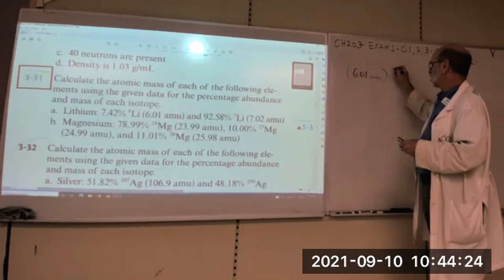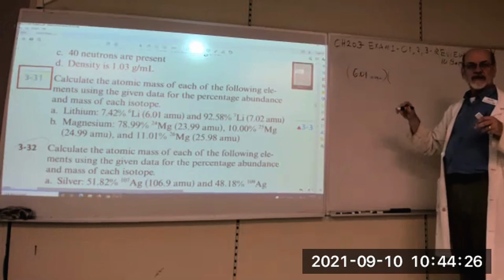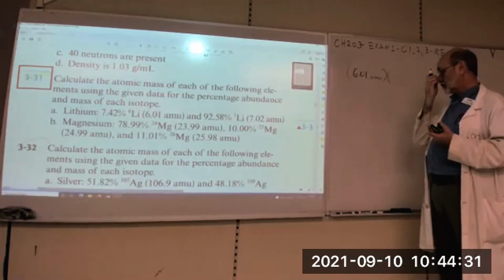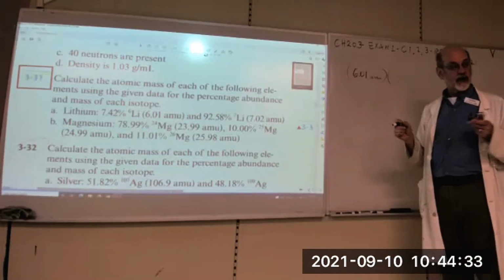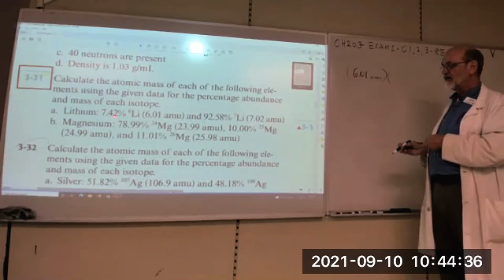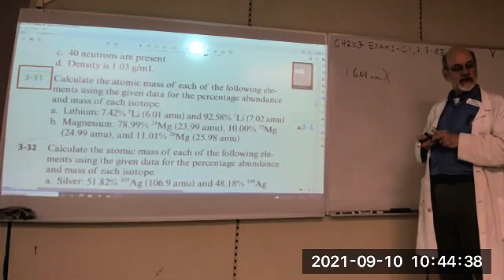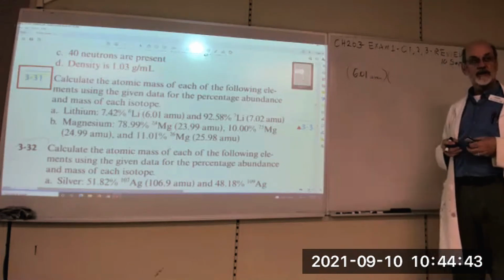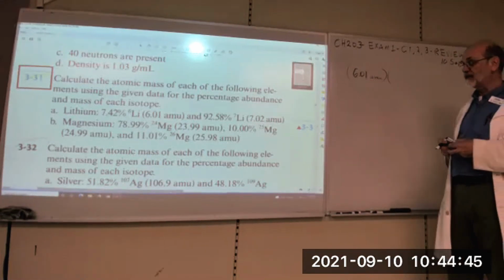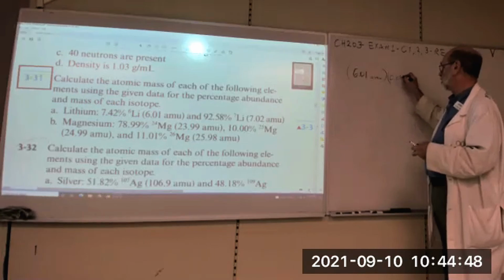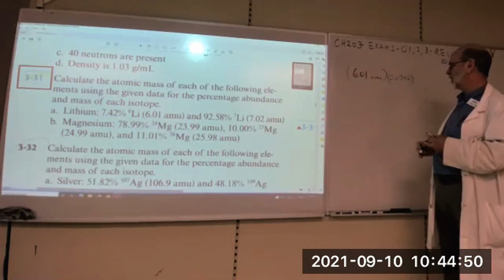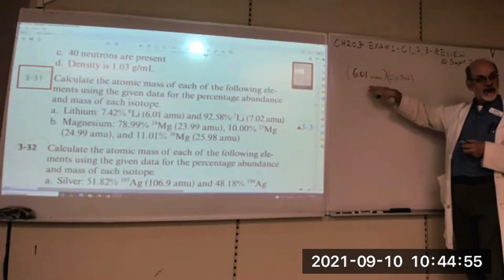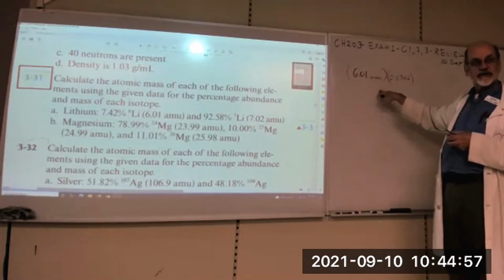The relative abundance of that is 7.42%. But if you multiply 7.42 times that, you're going to inflate it by 100 because it's parts per 100. So you need to use the fractional equivalent. What fraction of the total is that isotope? It's 0.0742. There we go. That's the contribution of this isotope to the average atomic mass in nature.